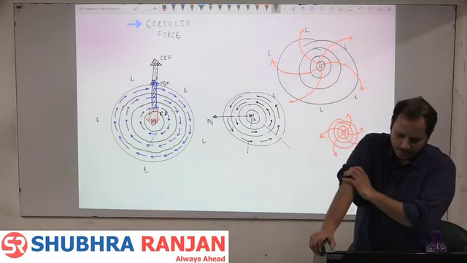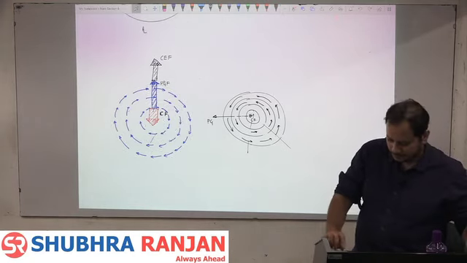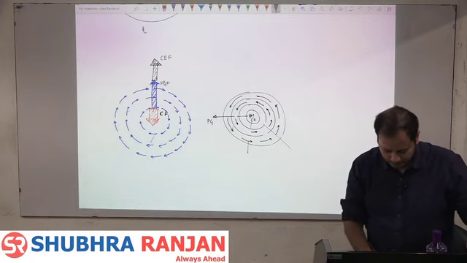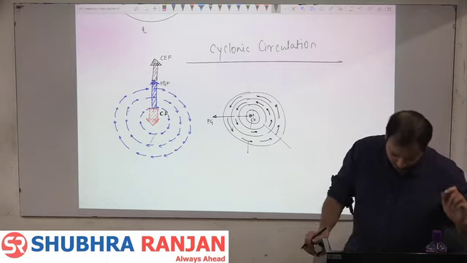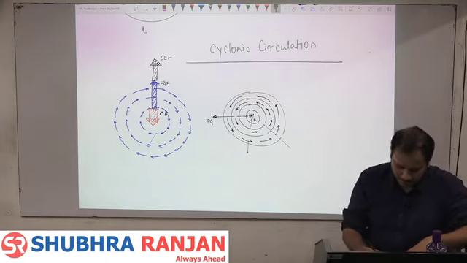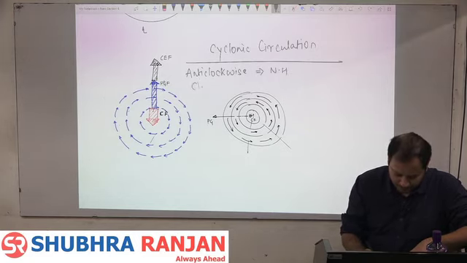Conclusion. Thus, by understanding the gradient wind, we can conclude that cyclonic circulation is anti-clockwise in the northern hemisphere and clockwise in the southern hemisphere.